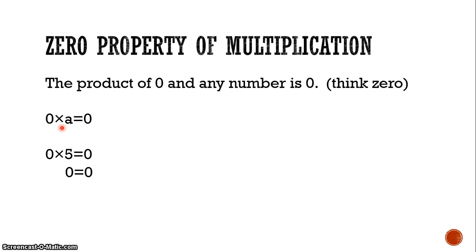So 0 times any number, I call that a here, is going to be 0. It also doesn't matter if this number is positive or negative or fraction, decimal, whatever. 0 times that number is always going to be 0. So for example here, 0 times 5 is 0, and 0 equals 0, which makes it true, and we're happy.